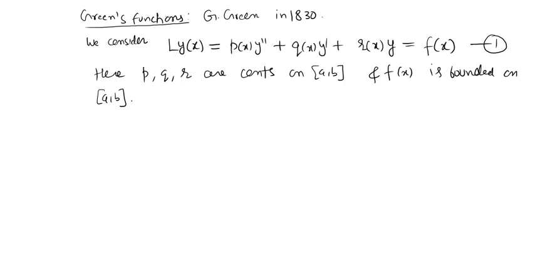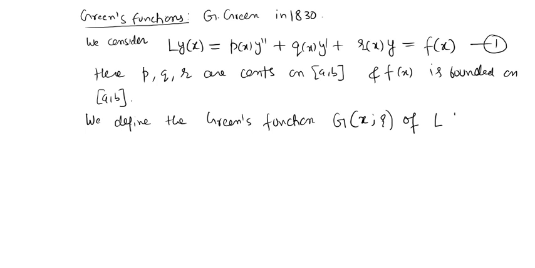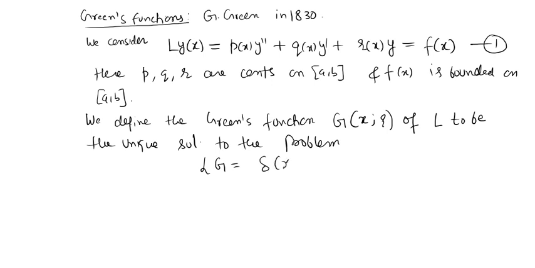And further we will impose boundary conditions on this second order ODE, and we define the Green's function, denoted by g(x, xi), for the differential operator L to be the unique solution of the problem L of g equal to delta(x minus xi).